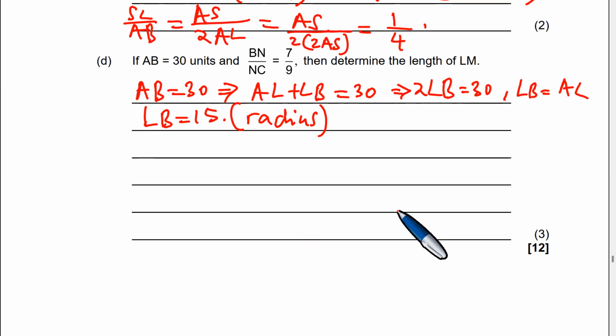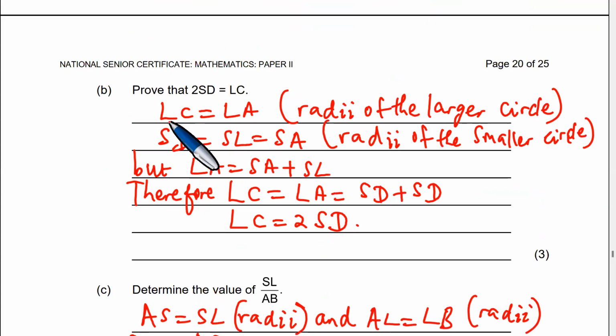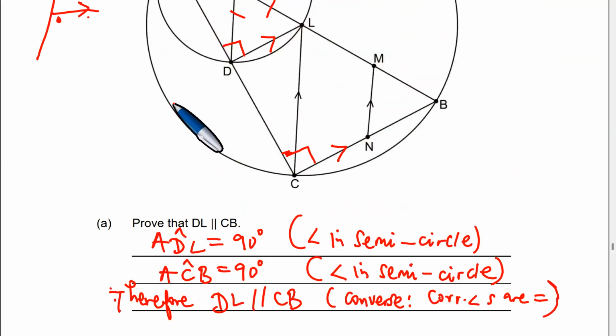So we want to find now, but we also know that BN over NC, they've given us BN over NC equals that. Let's look at this very carefully. Let's look at the diagram and look at BN over NC. BN over NC is 7 out of 9.